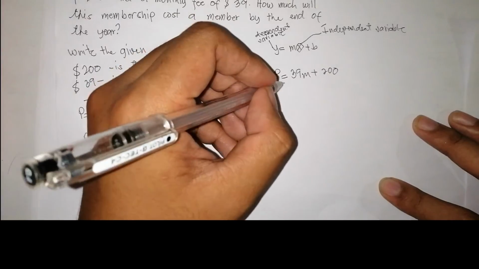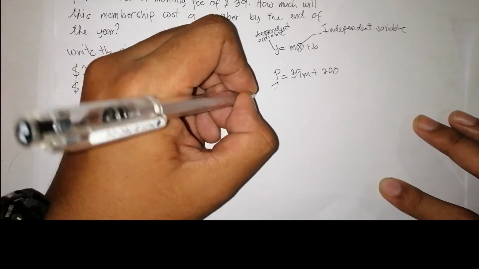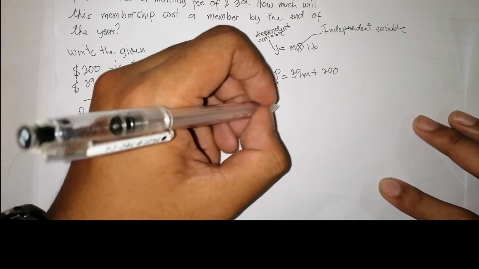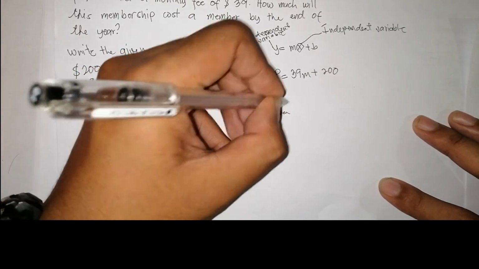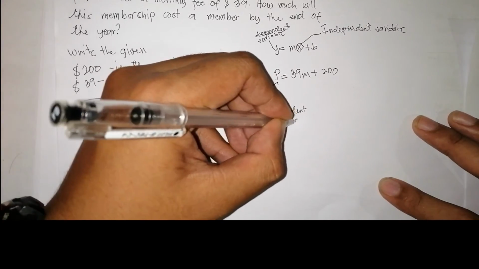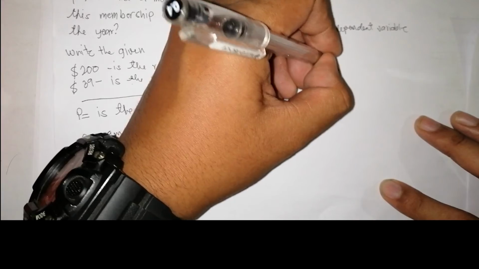So P stands for y, the dependent variable. Then here is the independent variable.